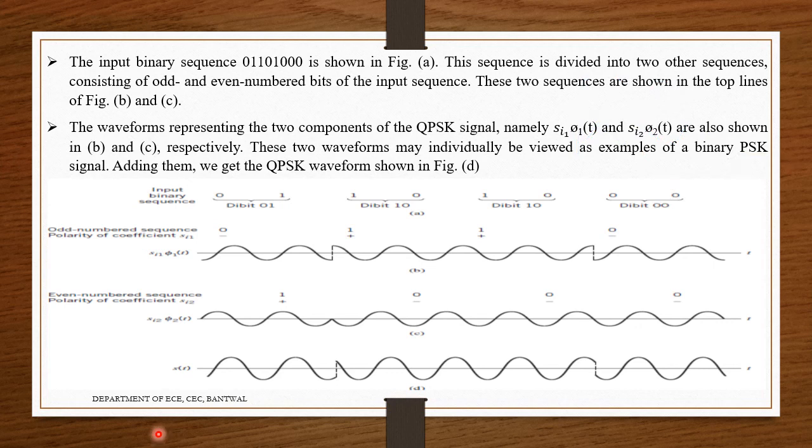Now how to make them add? Look here, the amplitude is minus 1, here the amplitude is 0. So minus 1 plus 0 divided by 2 should be minus 0.5. It will start from minus 0.5 here, and again it should end at minus 0.5.